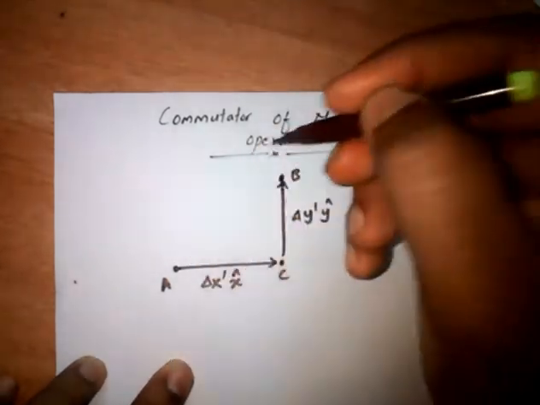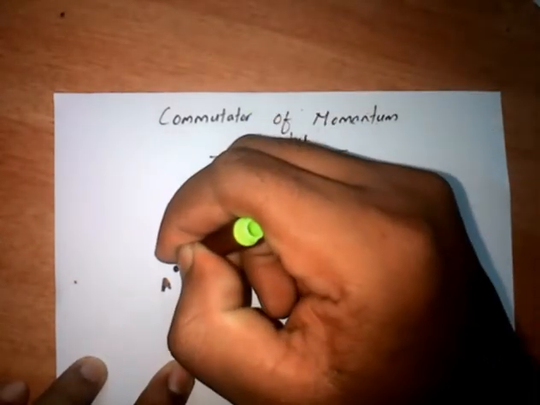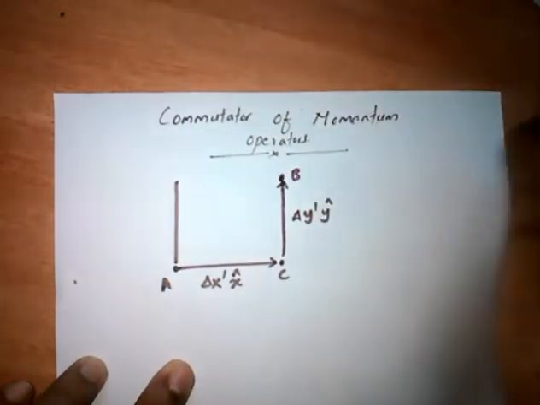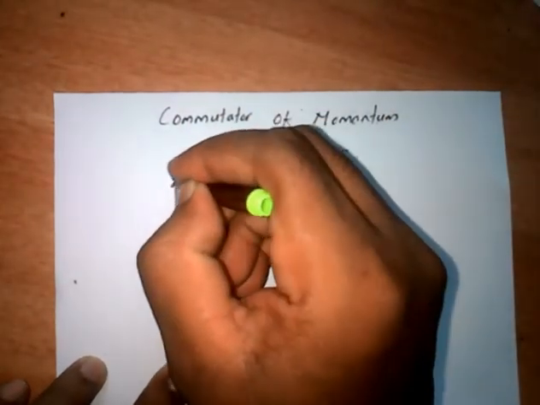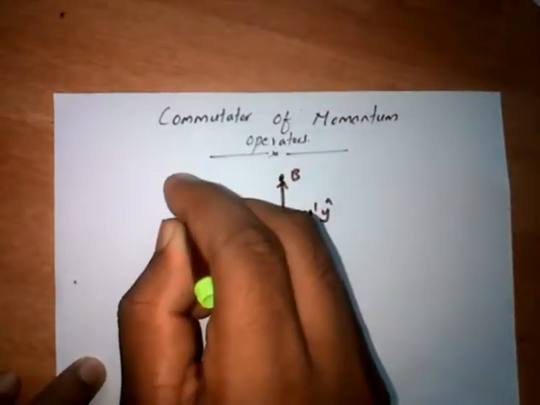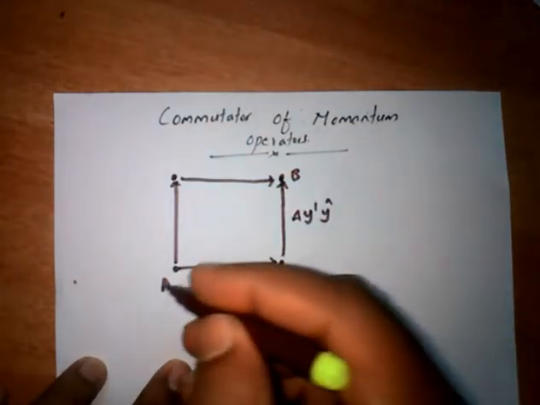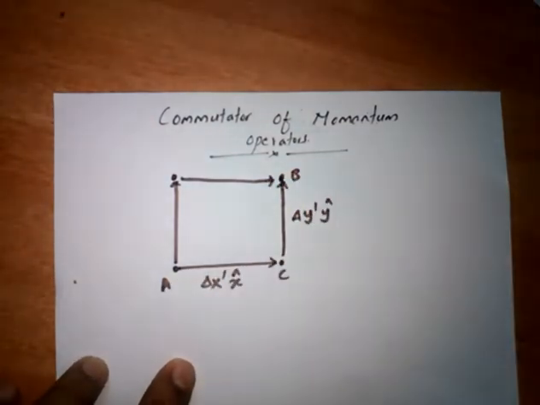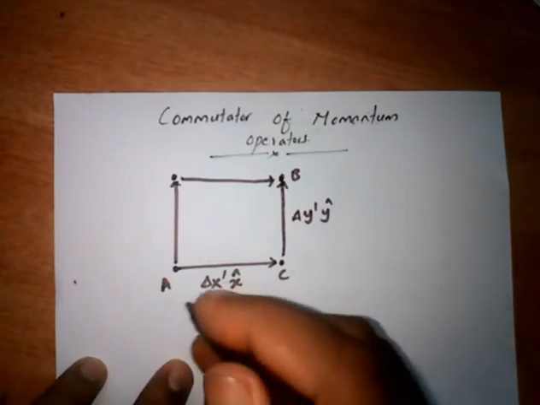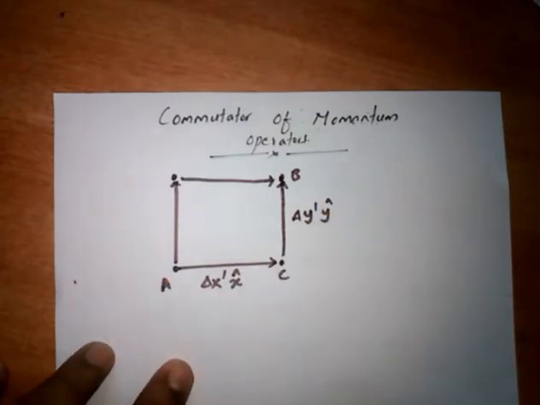Let us first shift in the y direction, and then shift in the x direction. So finally the particle reaches the point B. These two operations are similar.